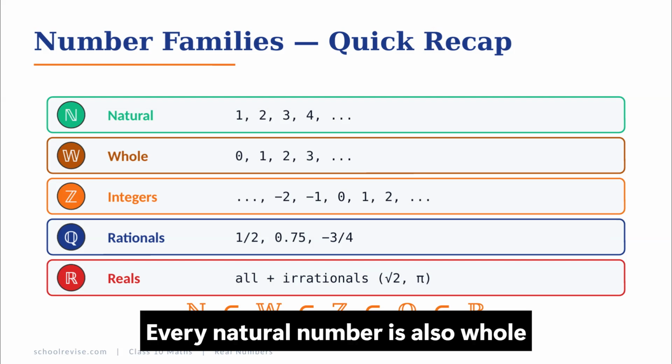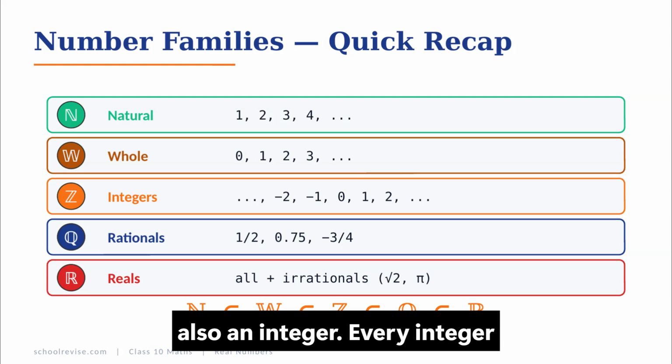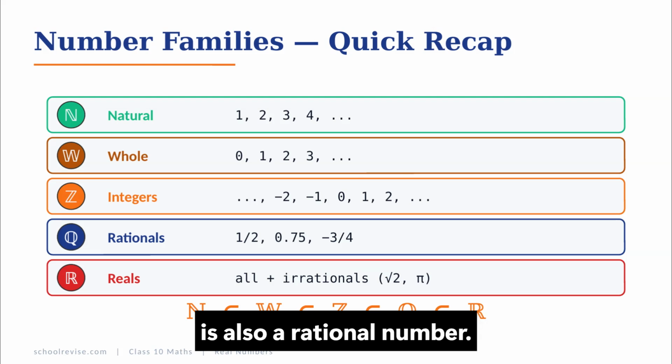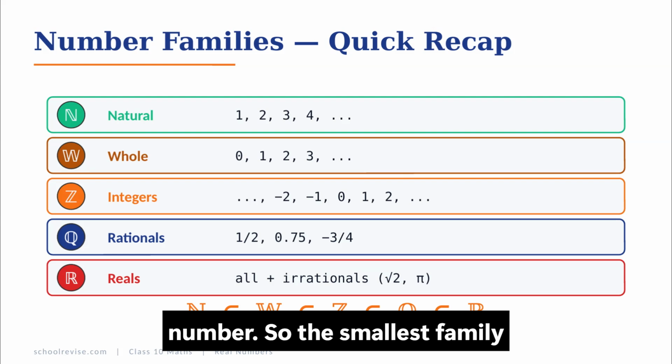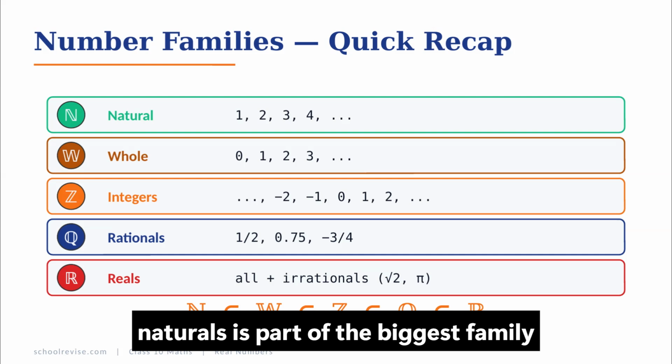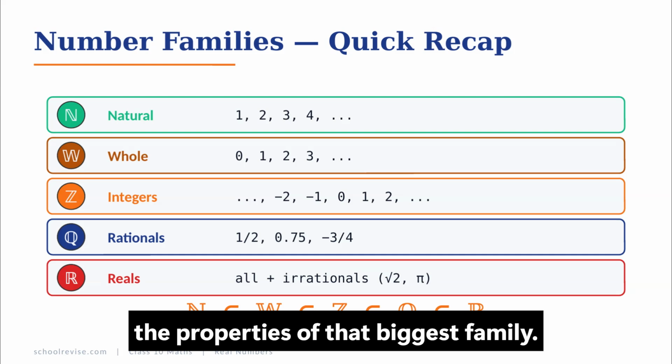Every natural number is also a whole number. Every whole number is also an integer. Every integer is also a rational number. And every rational number is a real number. So the smallest family, naturals, is part of the biggest family, reals. Today we are going to study the properties of that biggest family.